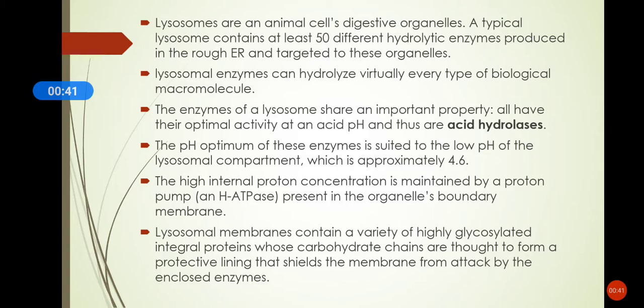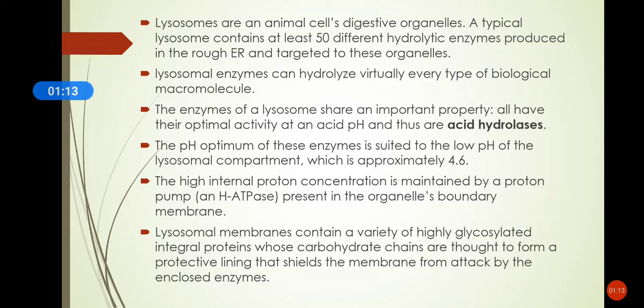Lysosomal enzymes can hydrolyze almost all the biological macromolecules, and they also have a very important property: their optimum pH is acidic pH, and that is why they are called acid hydrolases. Also, inside the lysosomal compartment the pH is very low, so that will suit these enzymes very well.